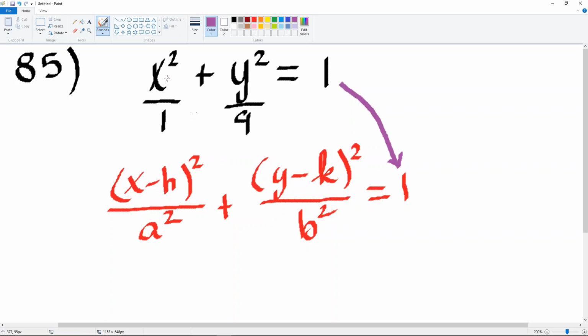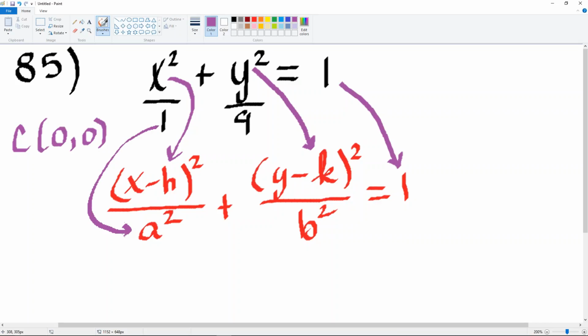But if you realize in your problem, is there even something else attached to the x? No, not at all. So your center must be 0, 0, because there is no k. Now, let's look at a squared.